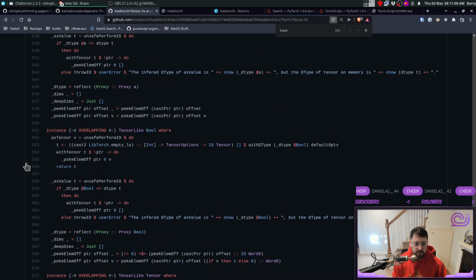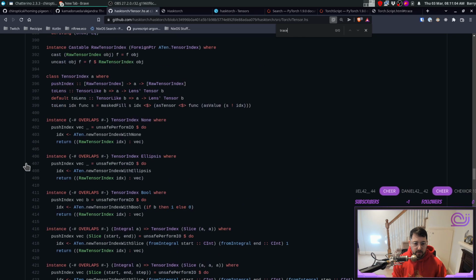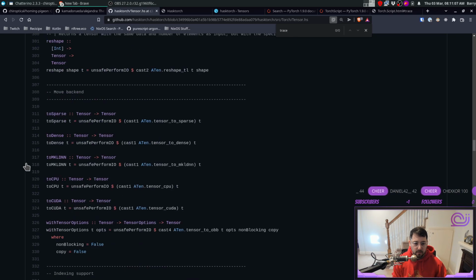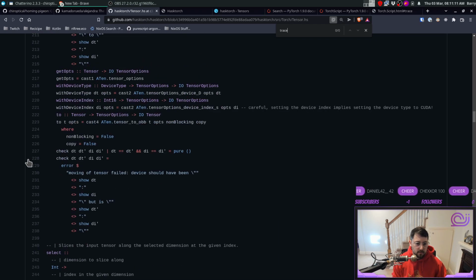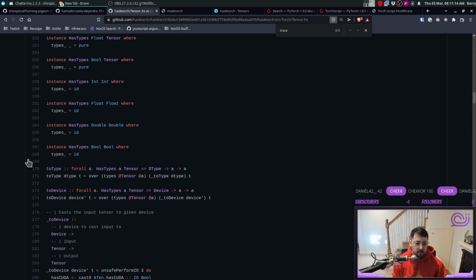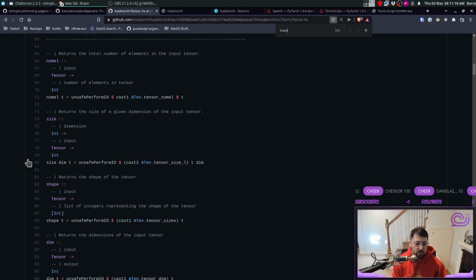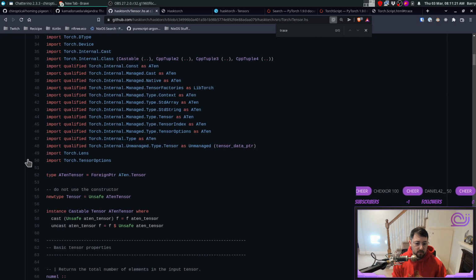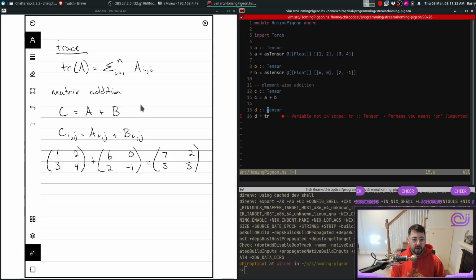I don't think there are tensor operations in here. Oh, there's to dense, to sparse, to CUDA. Anyway, the point is it's not the thing I was expecting, which is fine.